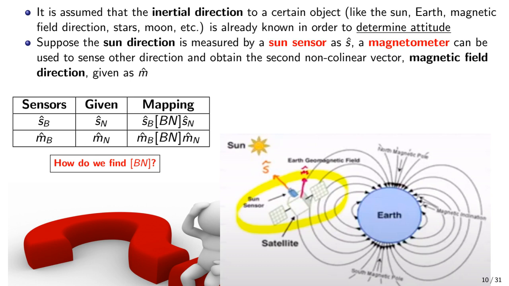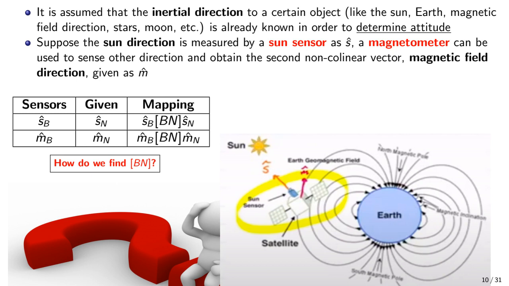Other concepts that we need to understand is it is assumed that the inertial direction to a certain object, like you are considering with respect to the sun, your earth, magnetic field direction, stars, moon, and all of that, you assume you already know that inertial direction. You assume that is given before we can determine our attitude.